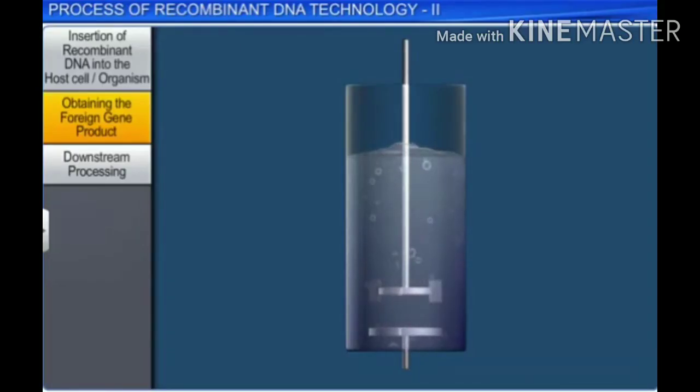Once the biomass has been obtained from the bioreactor, the final step in recombinant DNA technology is downstream processing. It refers to the recovery and purification of biosynthetic products, such as pharmaceuticals, before they are brought to the market as finished products.